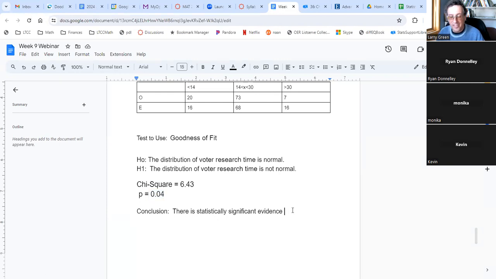But you can say there's statistically significant evidence to conclude that, and I just take H1, copy it, paste it, and make it lowercase, that the distribution of voter research time is not normal. Any questions on that?